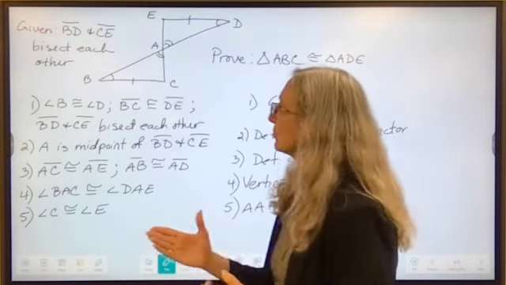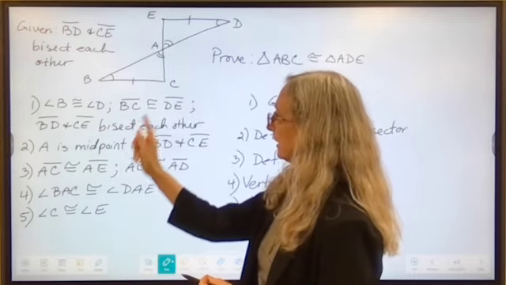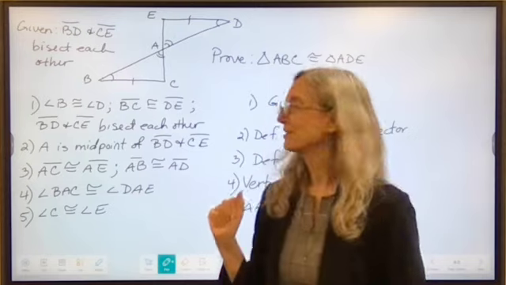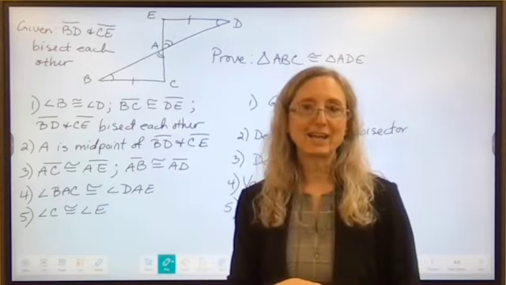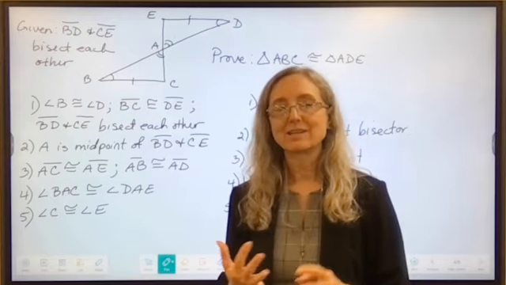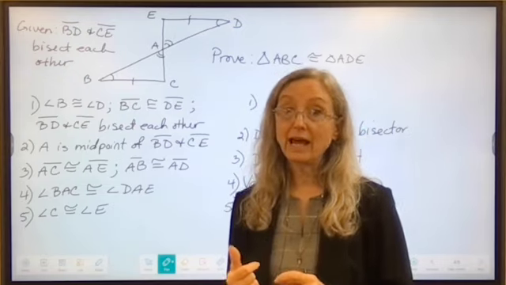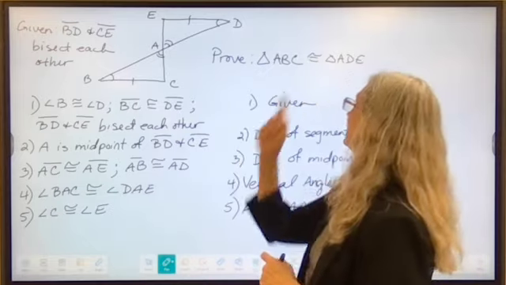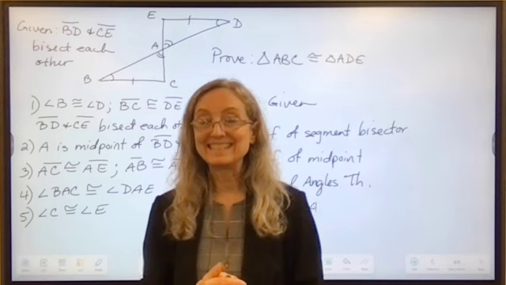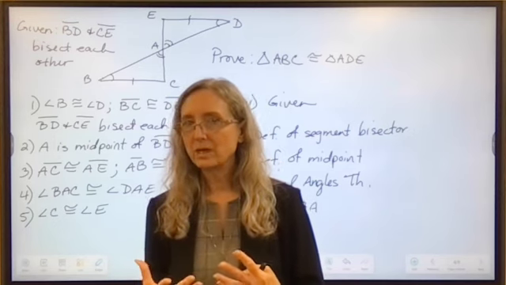Now, look, do I have 1, 2, 3 sides and 1, 2, 3 angles? I do. I have all my sides and all my angles, so now I can write my statement that triangle ABC is congruent to triangle ADE. What's my reasoning?